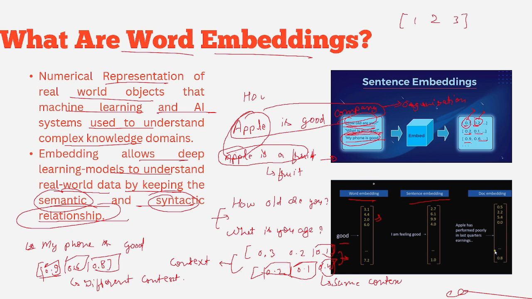We have three types of embeddings: word embeddings, sentence embeddings, and document embeddings. Sentence embedding: I am feeling good. And "Apple has performed poorly in last quarter's earnings" would be a document, so this is a document embedding. I hope it is all clear, so let's jump into the next slide.